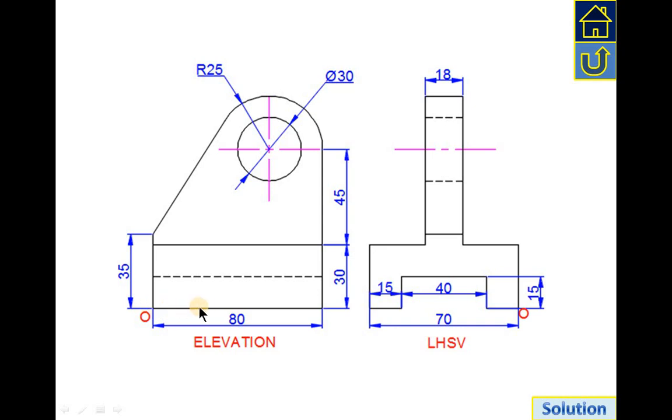Then on this side it is 80 mm, then up it is 30 mm, and from that there is a center line 45 mm above. So this is the center line, and here you will see one circle and another circular curvature. So one can see easily what is given here.